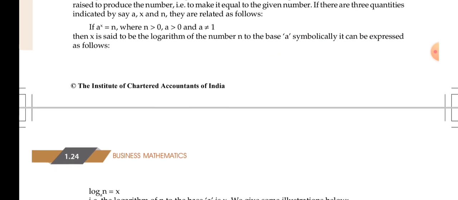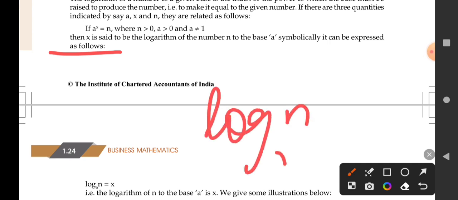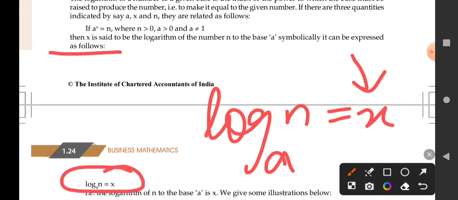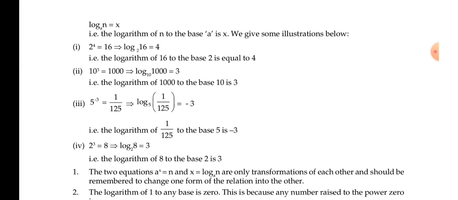Okay, so what is given here? Then x is said to be the logarithm of the number n to the base a, right? So x is the logarithm. Symbolically, it can be expressed as follows. Here it is given log n to the base a equals to x. That is, the logarithm of n to the base a is x.